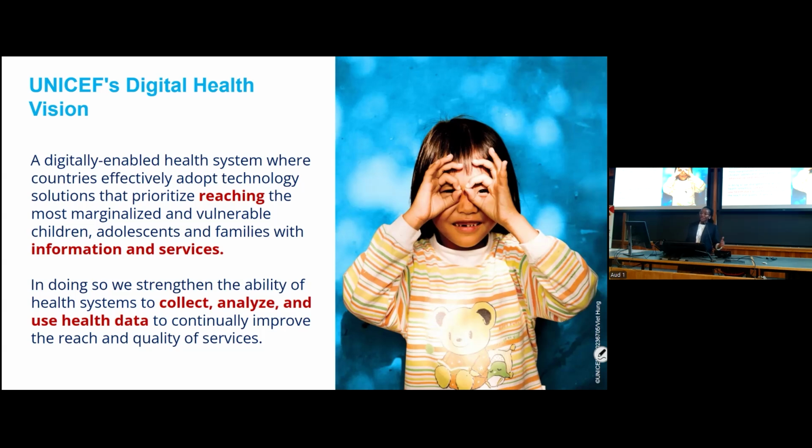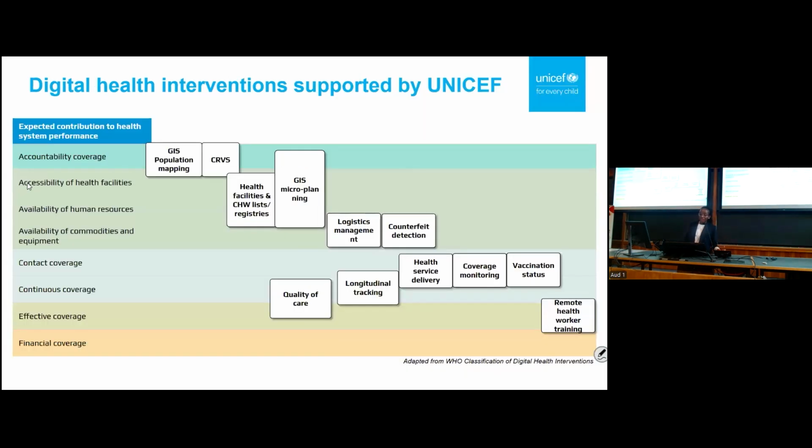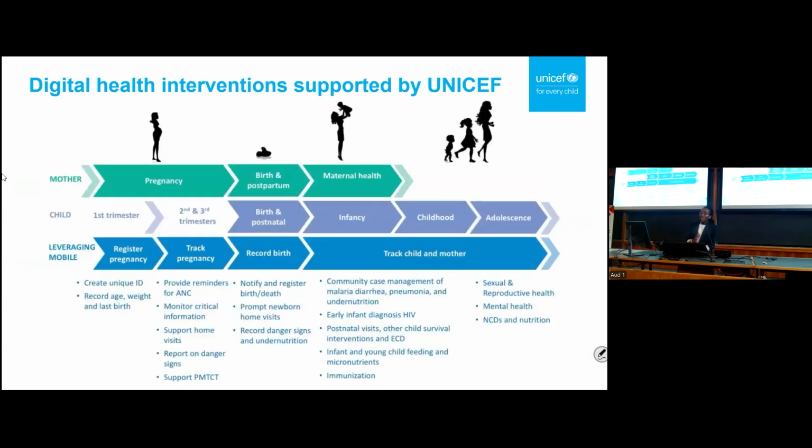You see that across the initiatives we support, supporting open source digital public goods that can do this at scale, and countries being able to build capacity on their own to do the work. So you would see things like GIS work, CRVS, mapping communities, health facilities and community health workers, microplanning, logistics management. Basically anything across the life of the child, supporting the mother and the children, are things we are interested in.